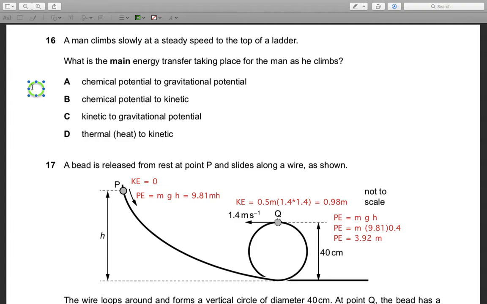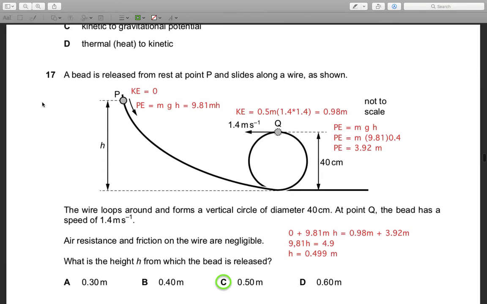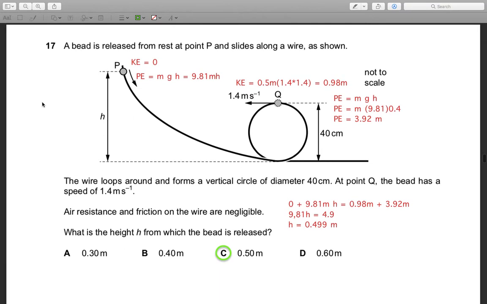It's not changed from kinetic energy into potential, but it's like energy from his body changing into potential energy. So it's about the chemical potential of his body. So I think the answer is chemical potential to gravitational potential. The answer is A.